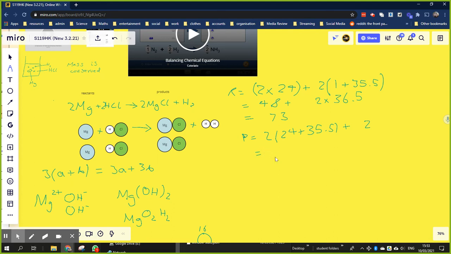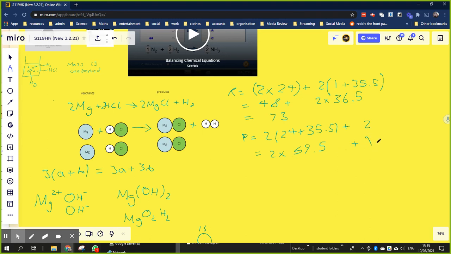So that's going to be equal to 2 times, so what's 24 plus 35.5? Mental arithmetic. 59.5, good. So it's going to be 2 times 59.5, and then you're going to add 2.